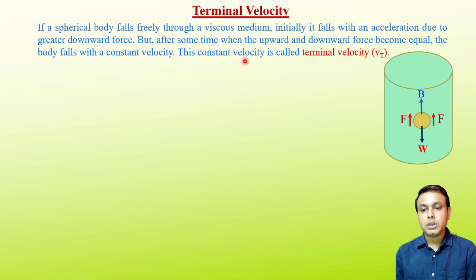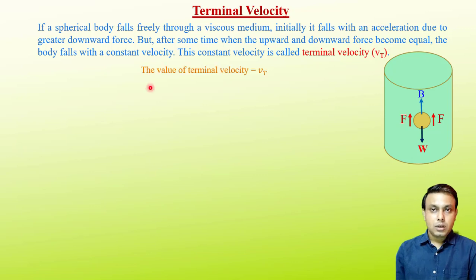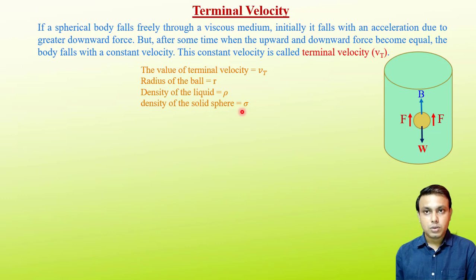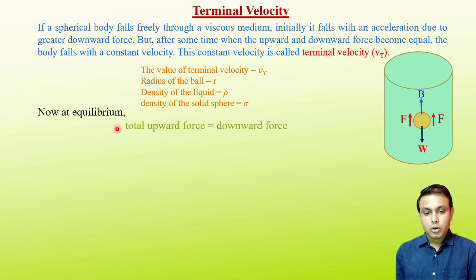This constant velocity is called terminal velocity, and it is represented by Vt. Here, terminal velocity is Vt, radius of the ball is small r, density of the liquid is rho, density of the sphere is sigma. Now, at equilibrium, total upward force is equal to total downward force.